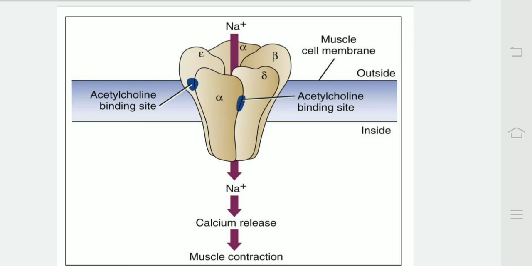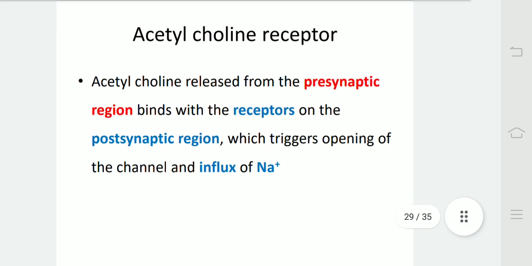In this diagram, we can see that acetylcholine is attached to the acetylcholine binding site and the sodium channel opens. Acetylcholine released from the presynaptic region binds with the receptors on the postsynaptic region, which triggers the opening of the channel and the influx of sodium.